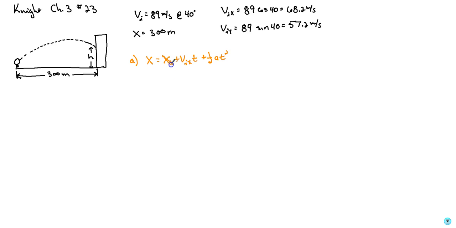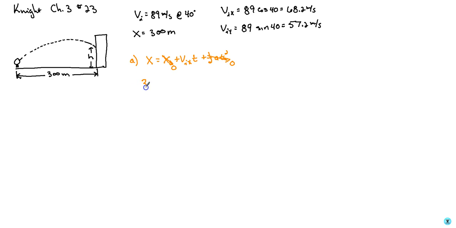If we take the origin to be where the cannonball is, then x sub O is 0. And like we just talked about, the cannonball is not accelerated in the horizontal direction, so this term where the acceleration is going to be 0.